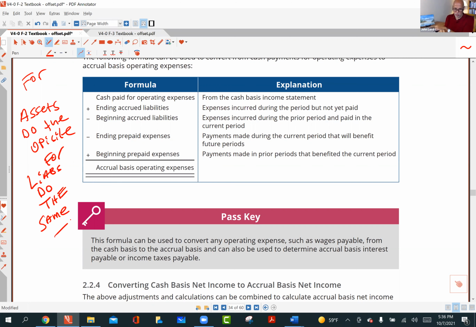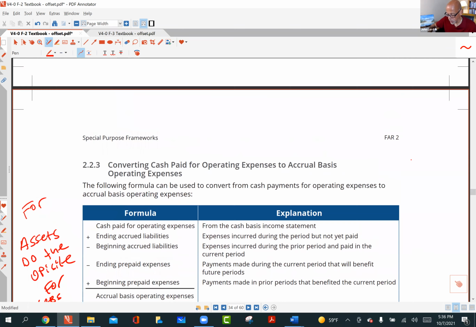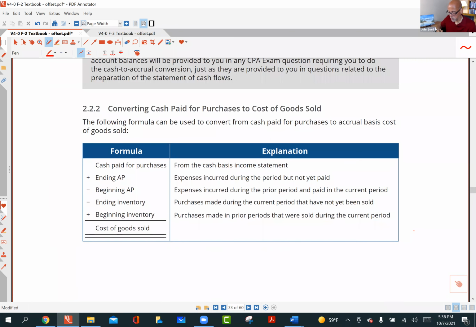So that's why you have to do the opposite of what you do for revenue and for income. So I'm simply flipping the rules now if they're asking us something about expenses, or about cost of goods sold, which is up here. For the cost of goods sold now, for assets, do the opposite.